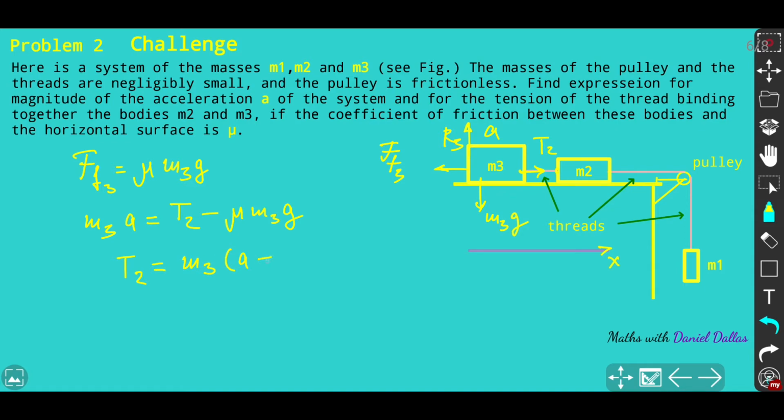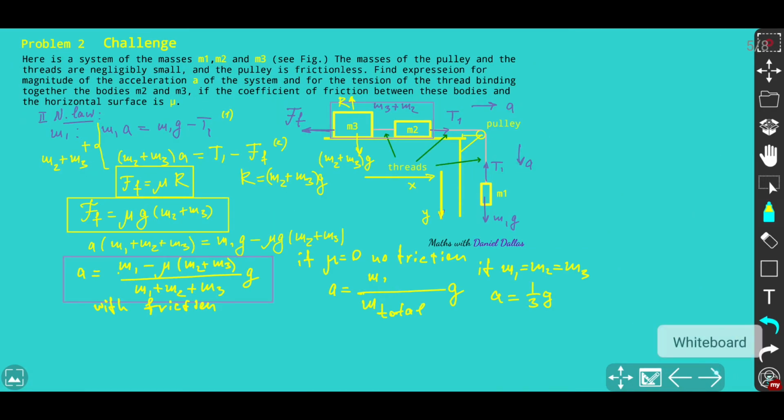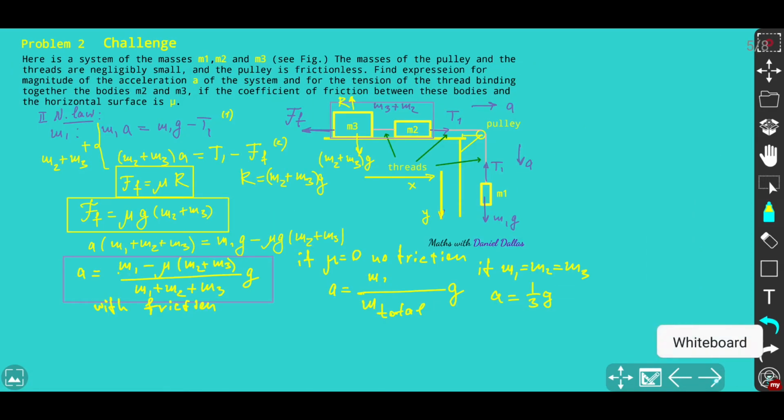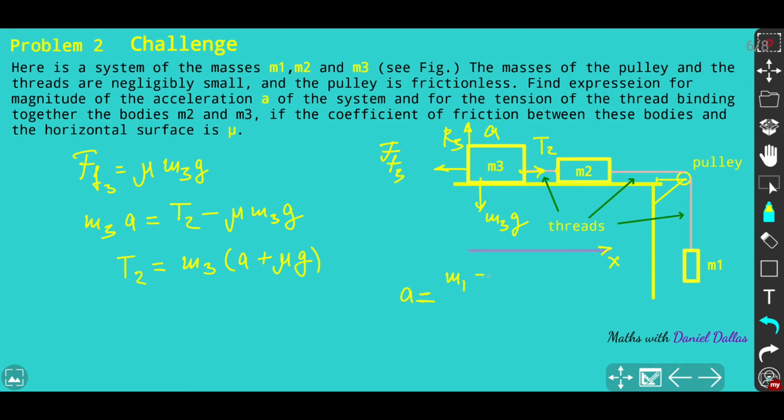If we plug in the expression for the acceleration, one more time, acceleration is equal to m1 minus mu times the sum of m2 and m3, times g, divided by the total mass.